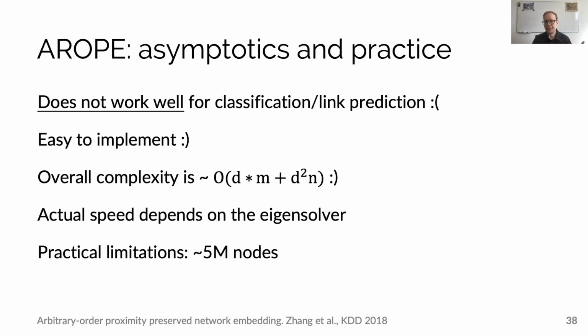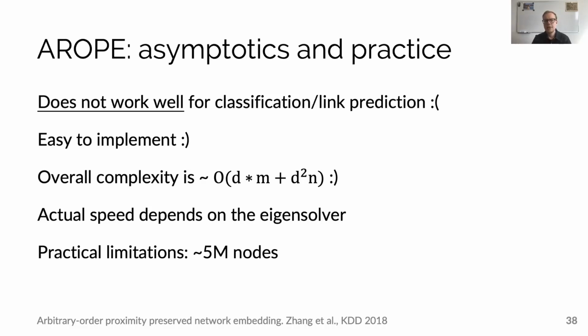Again, the problem with that is it actually doesn't work really well with node classification or link prediction. It is actually super easy to implement, and authors provide implementation in Python and MATLAB. Overall complexity is not as amazing as HOPE, but it's still nice. So it's just number of edges times d plus number of nodes times d squared. So that's typically the dominating factor.